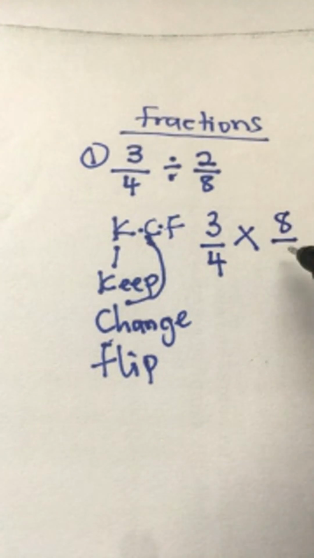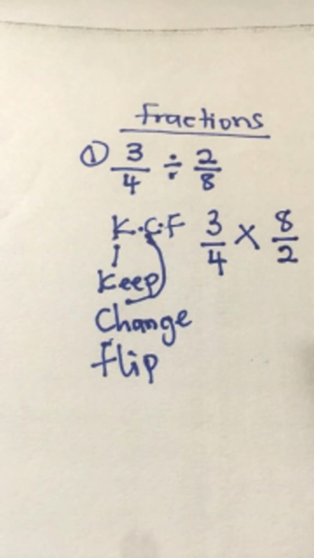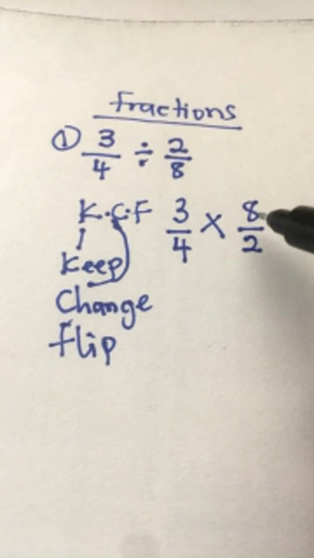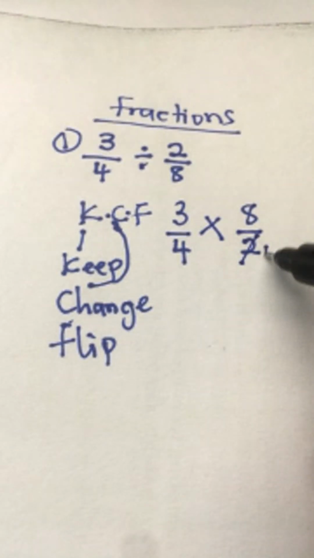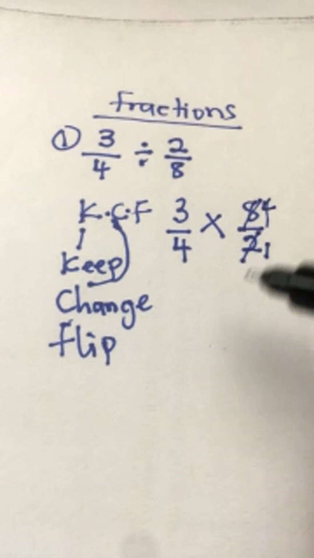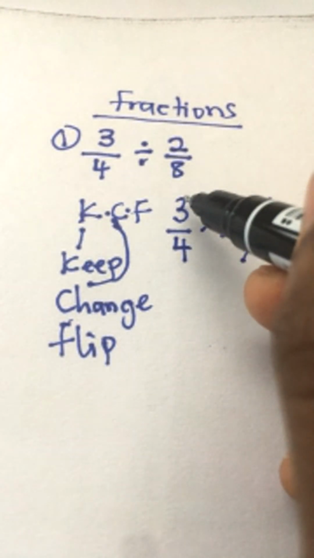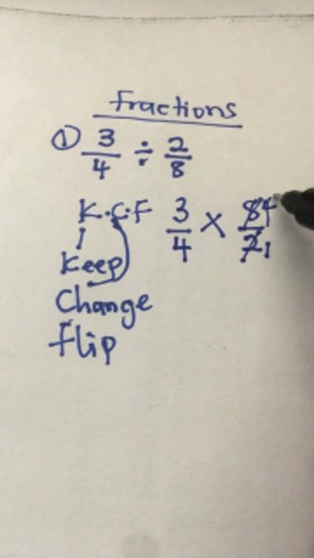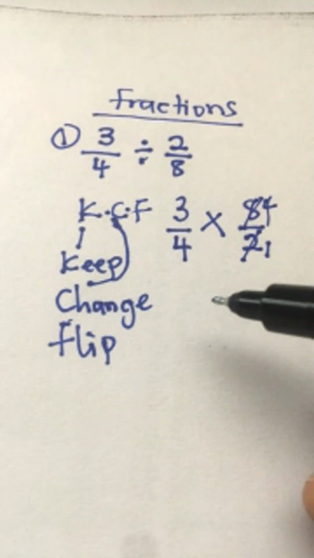What's next? Look at this second fraction. They are both even numbers, so they are easily divisible. So 2 can go into itself 1 and go into 8 four times, right? So we now have 3 over 4 times 4 over 1. What's next?